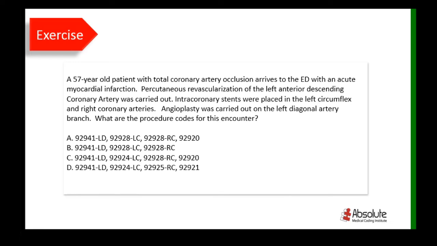Intracoronary stents were placed on the left circumflex and right coronary arteries. Angioplasty was carried out on the left diagonal artery branch. What are the procedure codes for this encounter? Okay, coders, pause the presentation to solve.